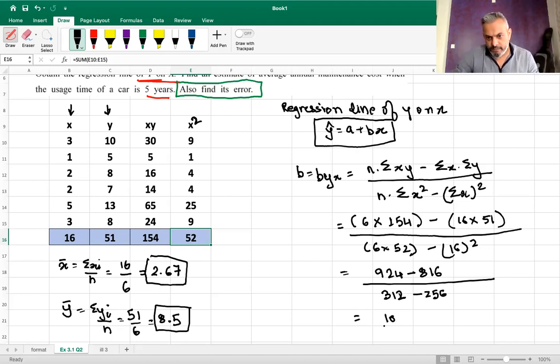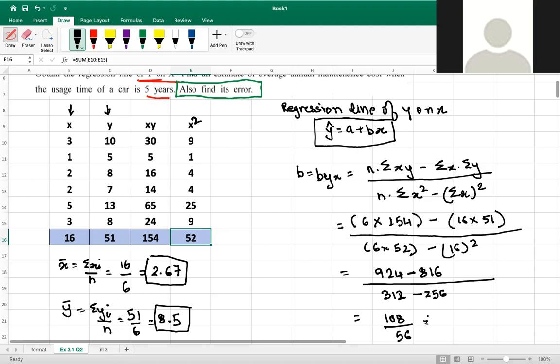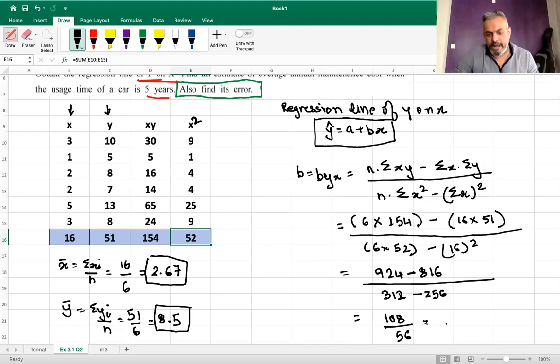108 upon 56. 1.92857. So we take 1.93 because after 2 it is 8, and after 8 it is 5.